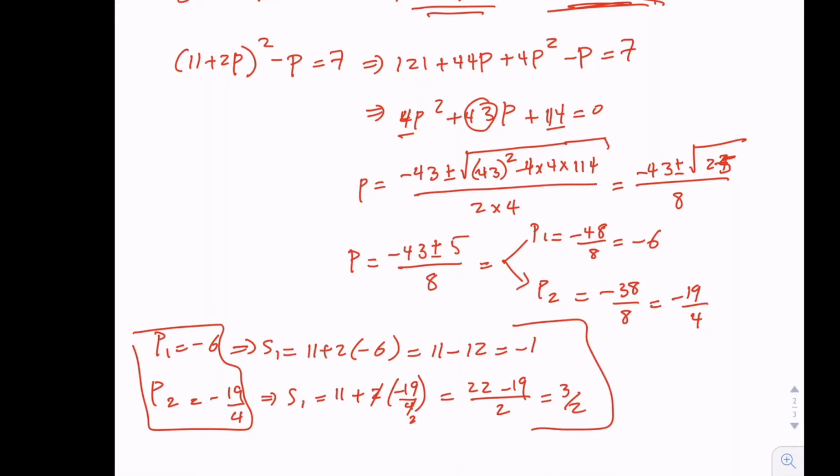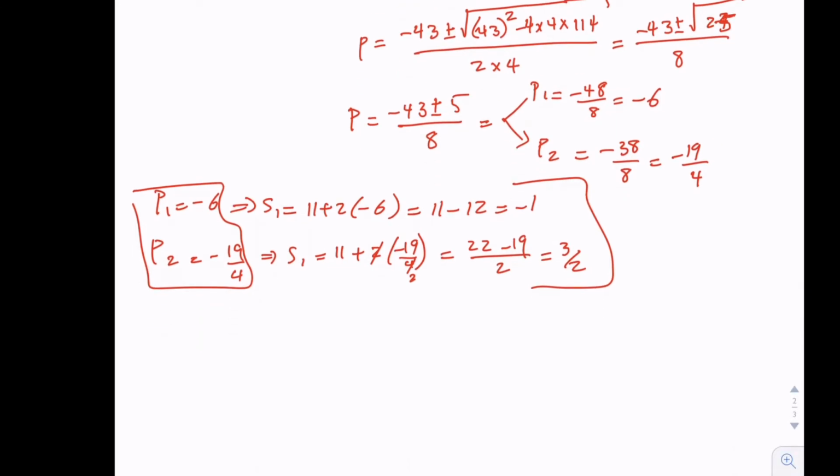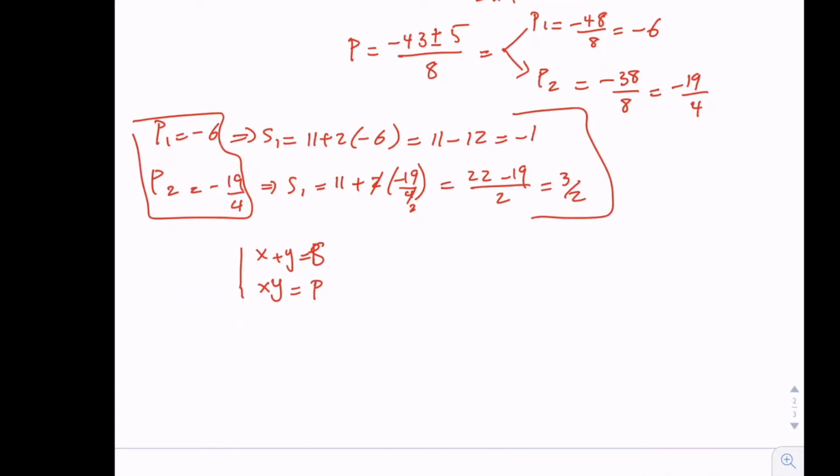Now, we need to find X and Y. And we knew that from our original assumption, X plus Y is S and XY is P. We also know that if we know the sum and product of the roots of a second order equation, we can make that equation from knowing the sum and product.